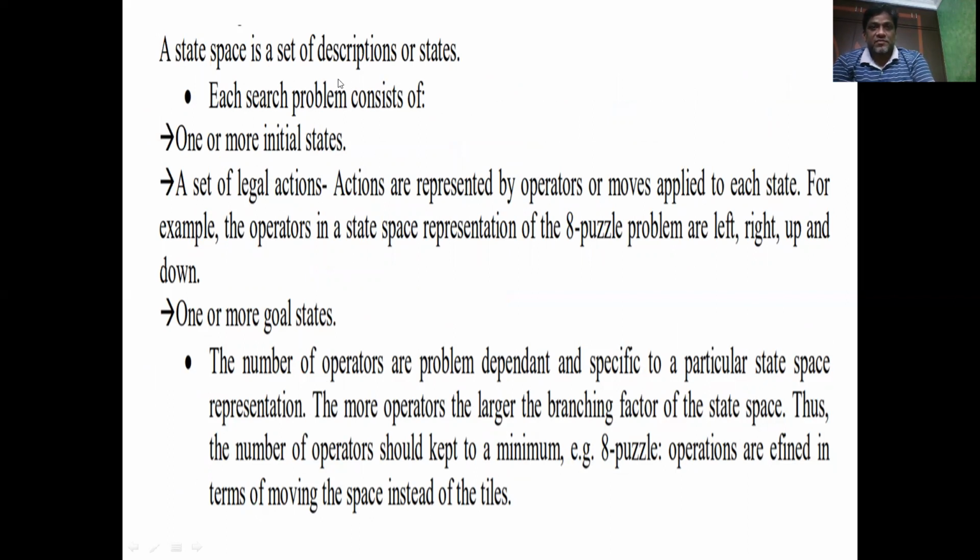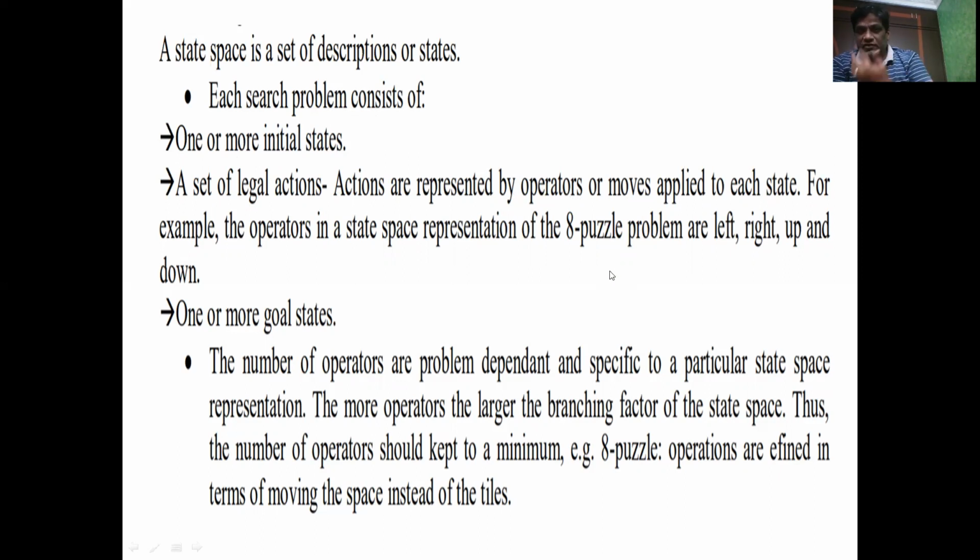State space is actually a set of descriptions or states, where each such problem consists of one or more initial states. It is possible that you can start from anywhere among the states of the state space tree. And the second point we need to remember is that a set of legal actions are the moves used to identify the goal state.